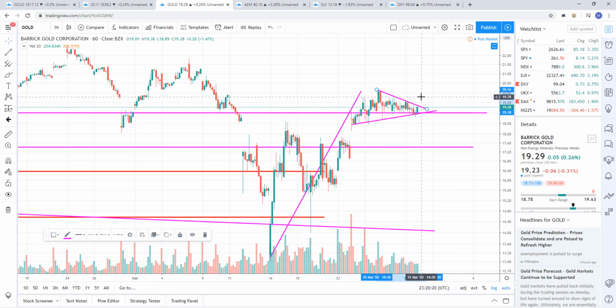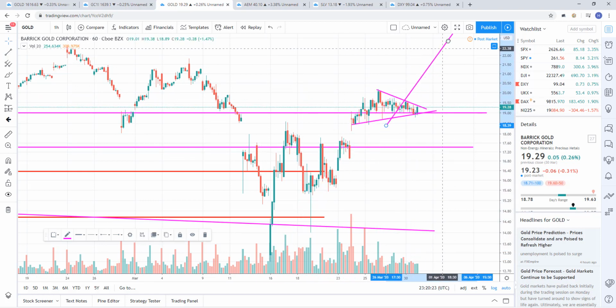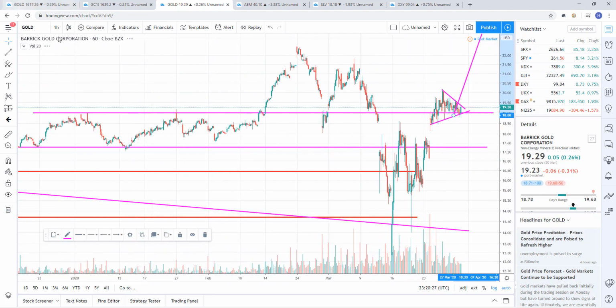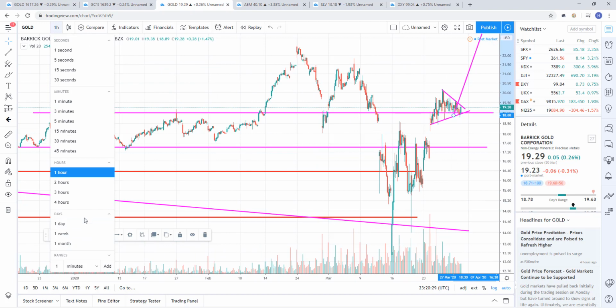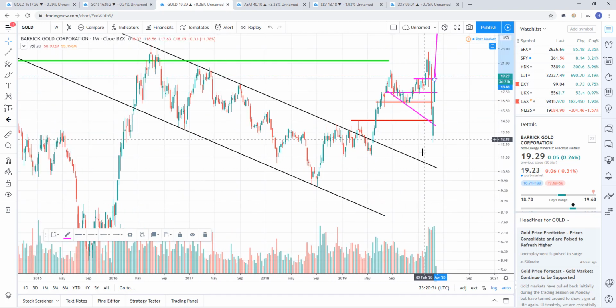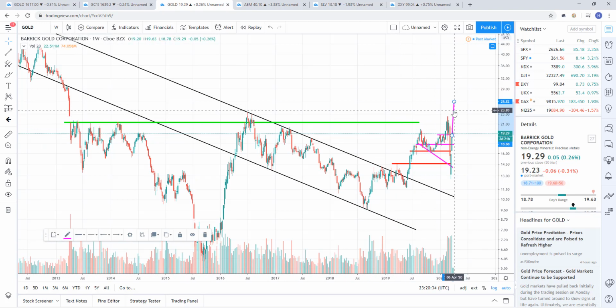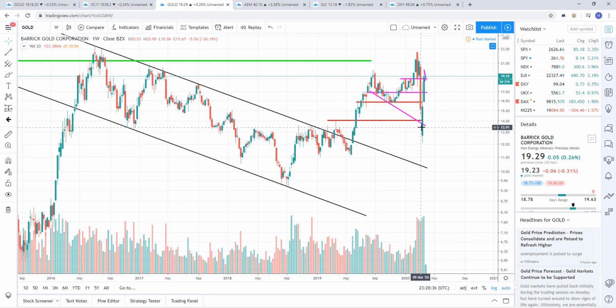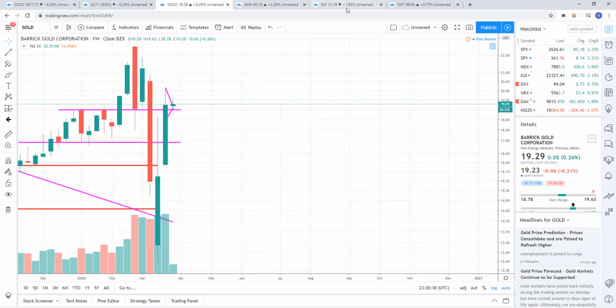So a break out of this flag should set us on the track for a break higher, and substantially higher. So I think that's what's going to happen, but again, just got to keep watching the chart. So that's it on Barrick Gold.